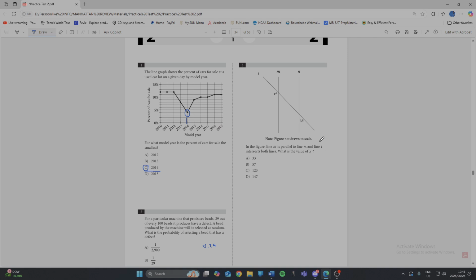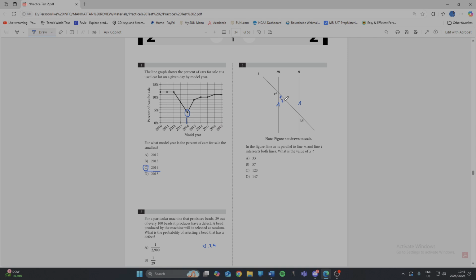Okay, 3 says, in the figure, line M is parallel to line N, and line T intersects both lines. What is the value of X? Okay, so if you know anything about angles, you would know that if these two lines are parallel, then this angle is also equal to this angle.